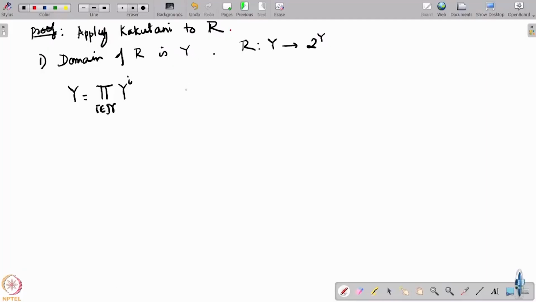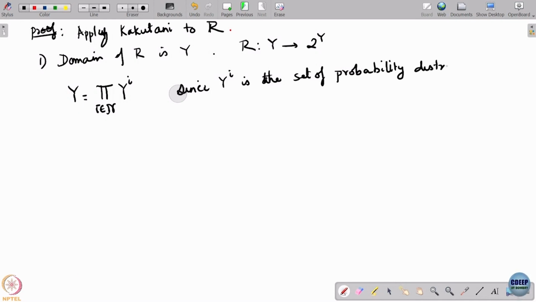Therefore, since capital Yi is the set of probability distributions on Si, this set Yi is therefore bounded.